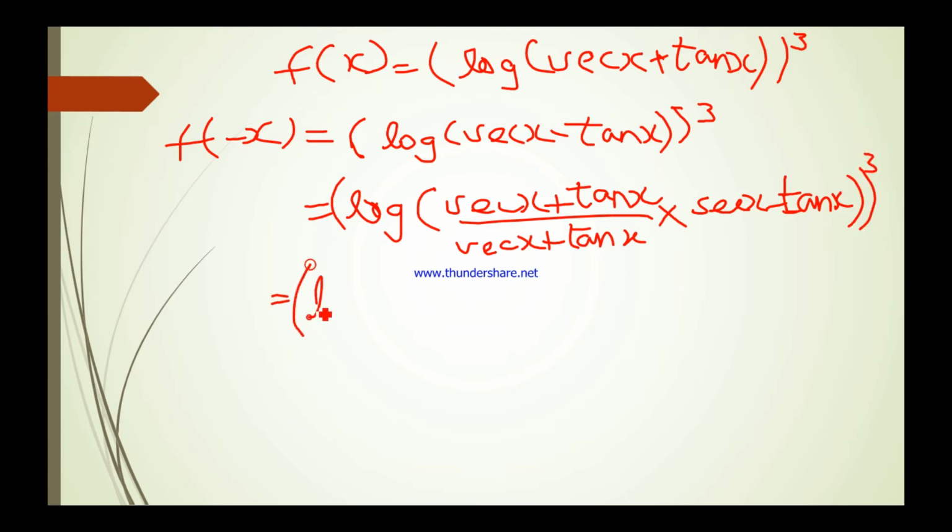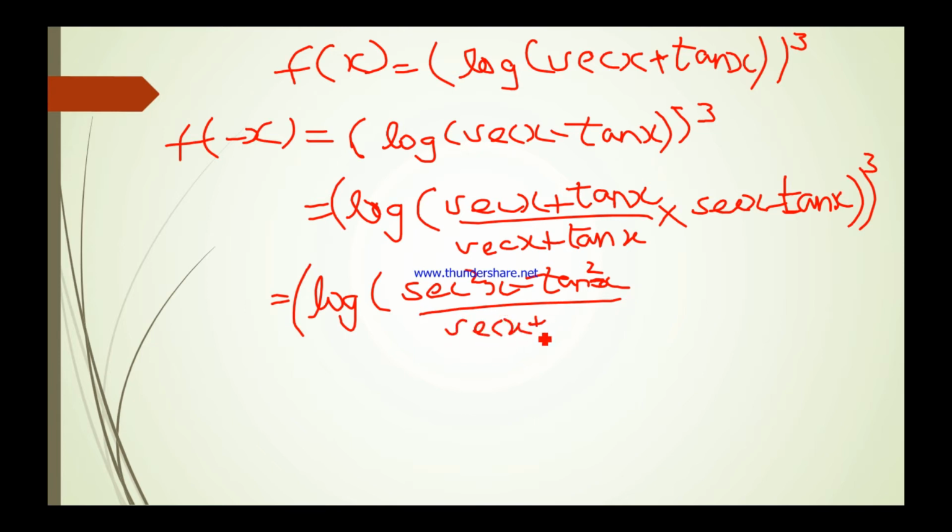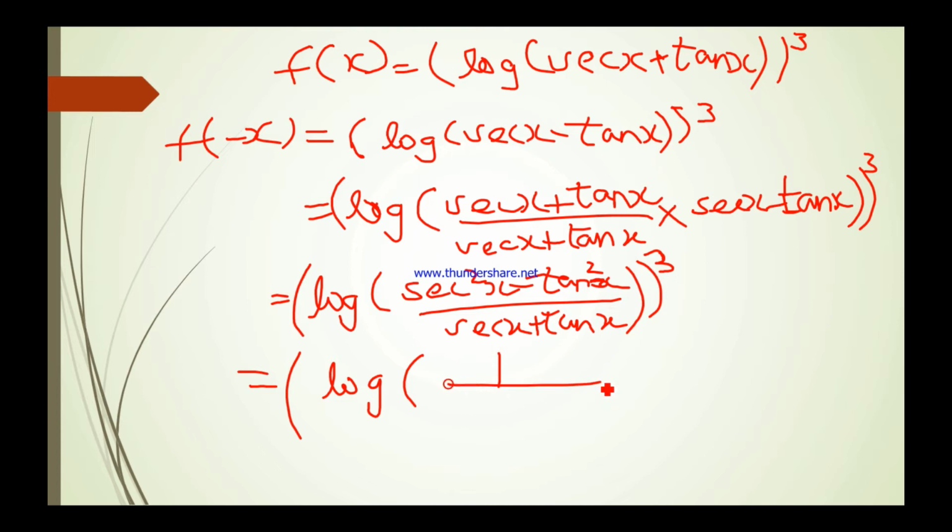So we get log of sec x plus tan x times sec x minus tan x, which will give us sec square x minus tan square x, by sec x plus tan x, the whole cube. Now we have a formula that 1 plus tan square is equal to sec square x. So sec square x minus tan square x is 1. So we will be getting log of 1 by (sec x plus tan x) the whole cube.